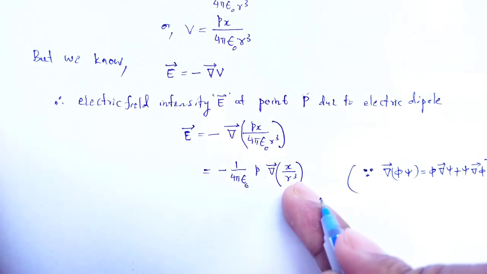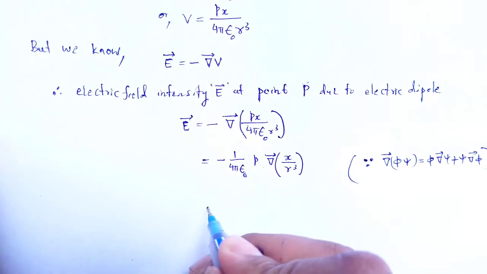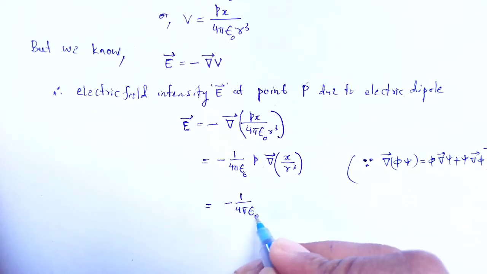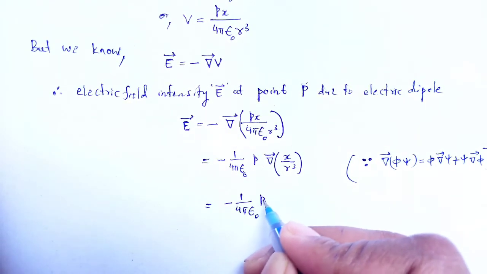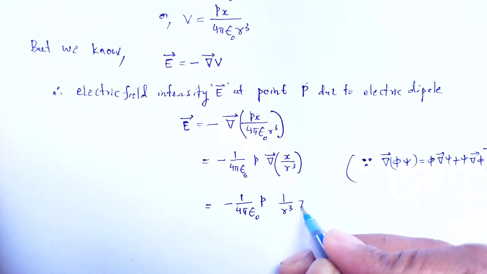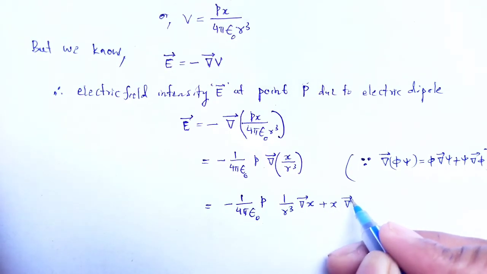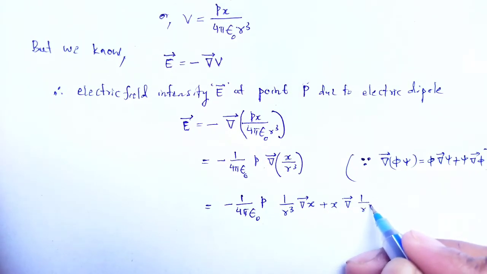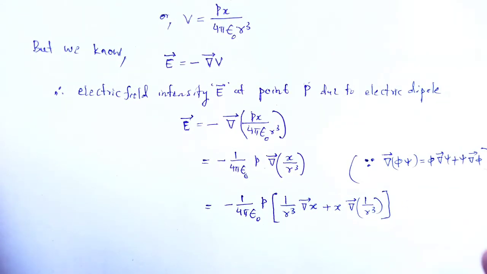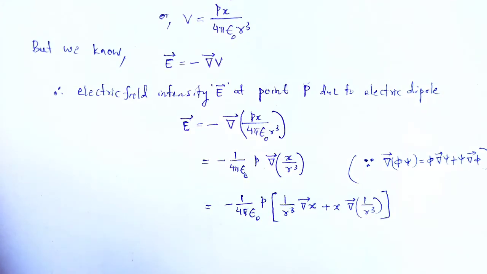Here we can use that identity: minus 1 by 4 pi epsilon naught p, 1 by r cubed grad x plus x grad of 1 by r cubed. Just use that identity of vector.